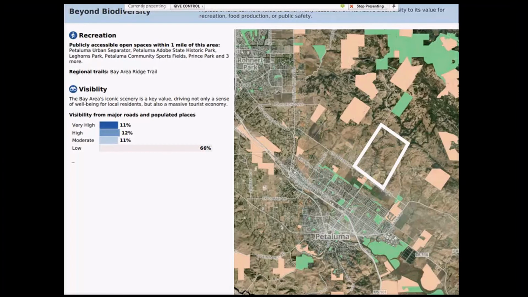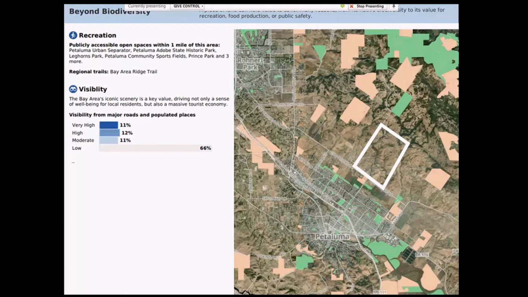I'm quite familiar with Sonoma County, and I know that the visual character is really important to people here. It's important to everybody, but people want to know how visible a piece of land is for aesthetic reasons, and so we've built that into the Conservation Lands Network reporting tool.